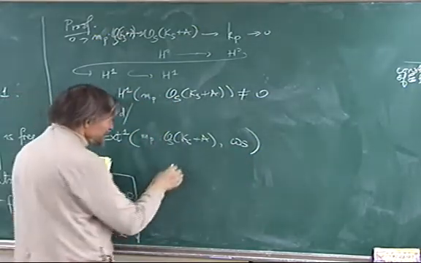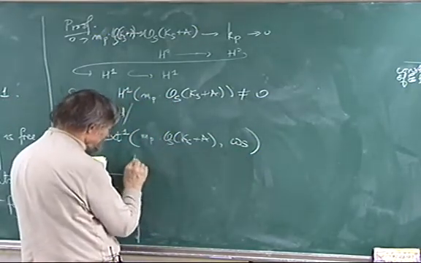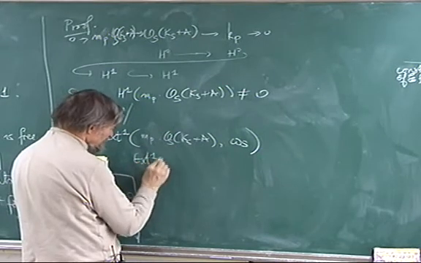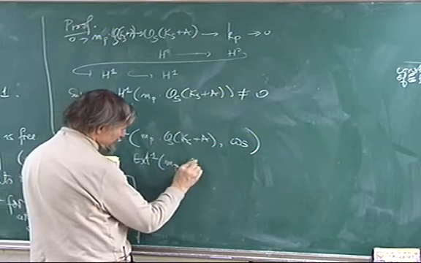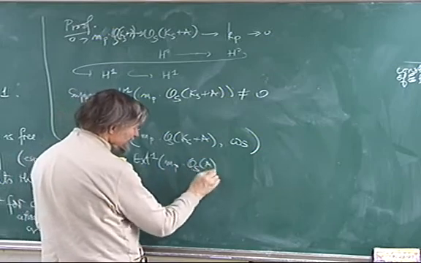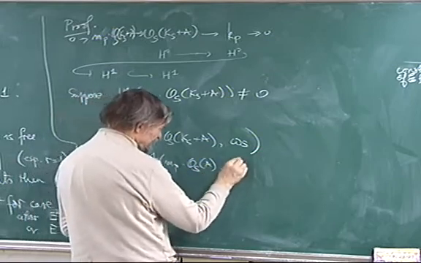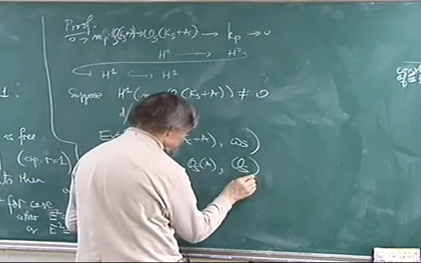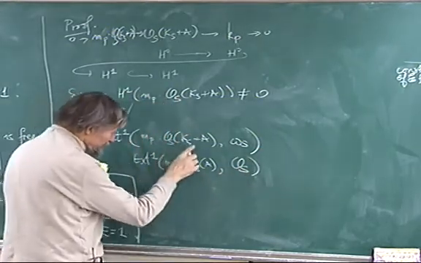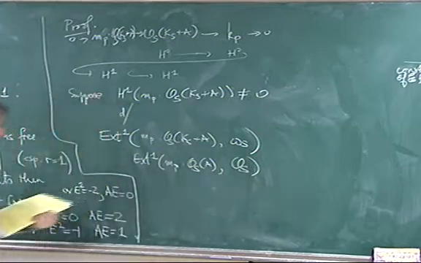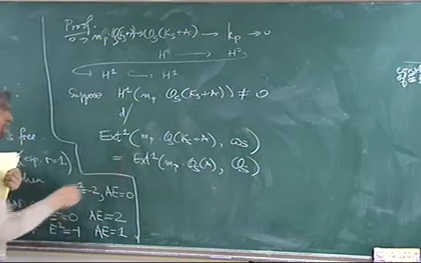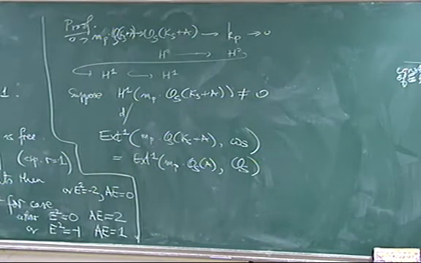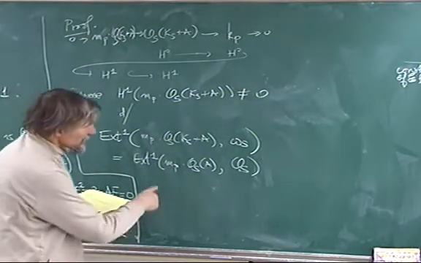Or I can say this is the same thing as Ext1 of MP times OS of A, and then this omega S just becomes OS. So this is just twisting. If I twist down both of these by the same amount, it doesn't change anything.